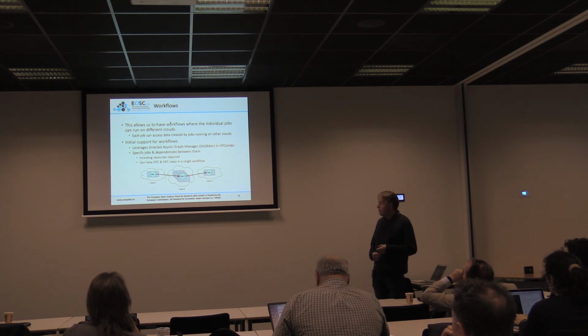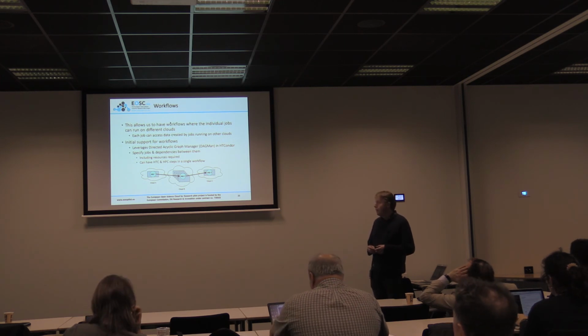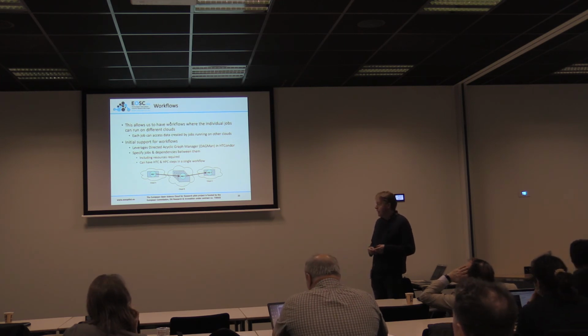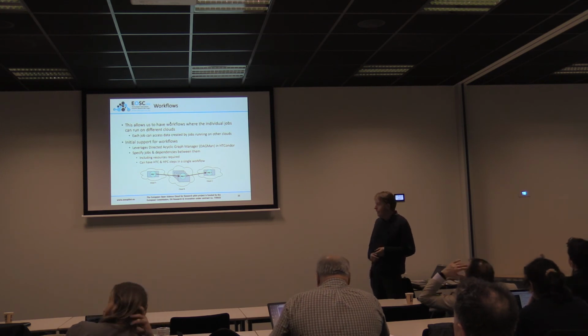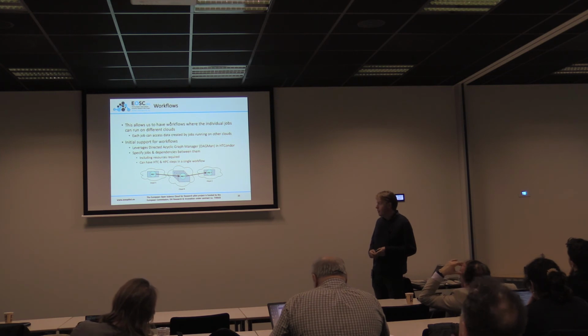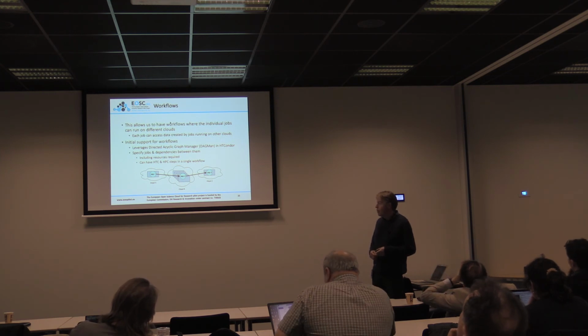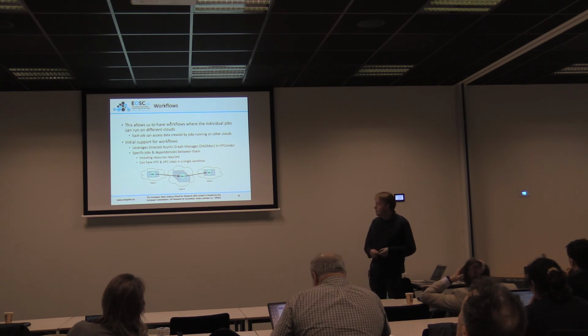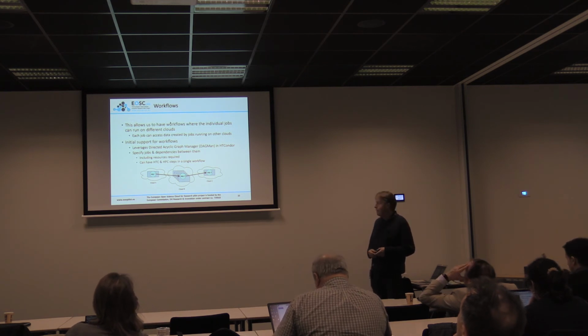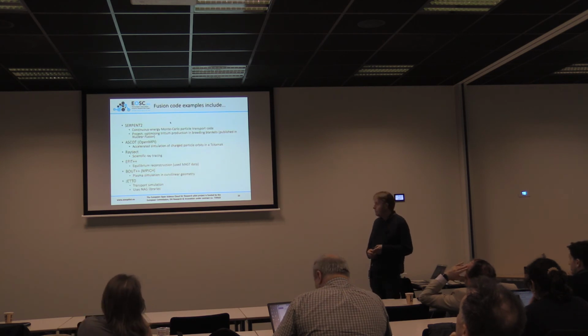Because they can specify resource requirements for each job, as well as being able to run on different clouds, they can have HTC and HPC steps. Just as an example here, there's a single node step on one cloud, then there's an MPI job running on a second cloud, and then there's a single node job running afterwards on a third cloud. So I think that makes things like that quite straightforward.